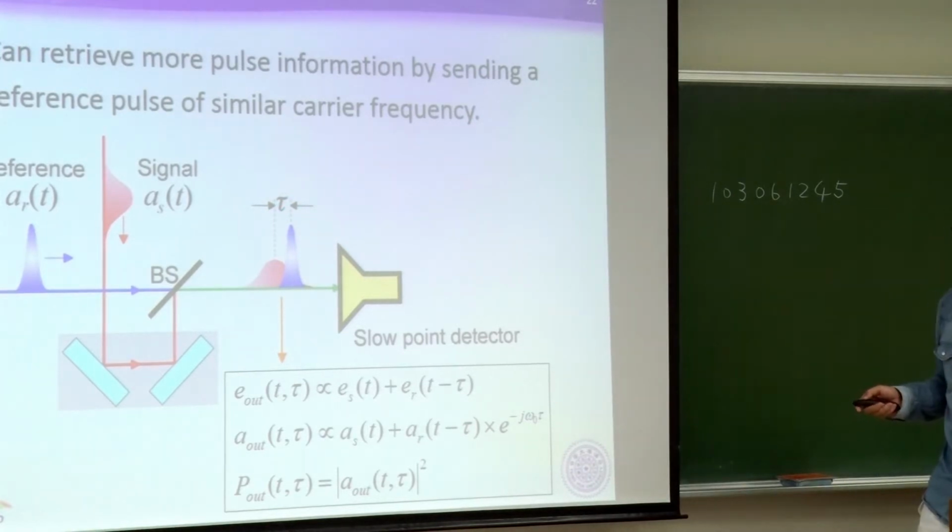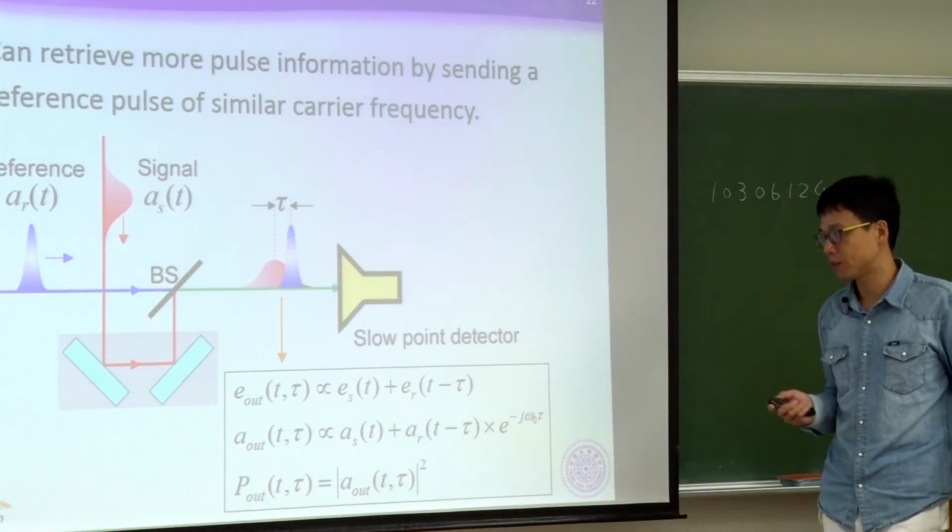Okay. Then, using the same concept as we introduced earlier, the pulse pair's envelope function A out of t, tau is proportional to a_S of t, the envelope of signal, plus a_R of t minus tau, the delayed envelope of the reference. But don't forget about the carrier term, e to the minus j omega 0 tau, as we have discussed earlier.